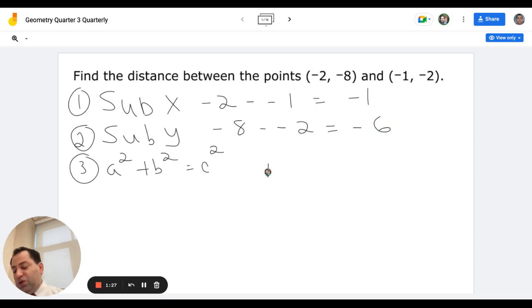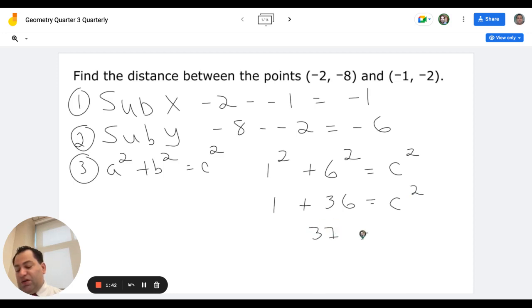So we just have 1 squared plus 6 squared equals c squared. 1 plus 36 equals c squared. 37 equals c squared. And then if I take the square root of 37, I get 6.1. So 6.1 is my distance between these 2 points.